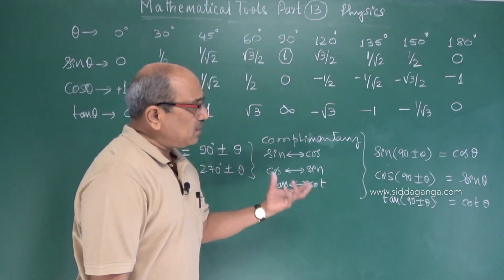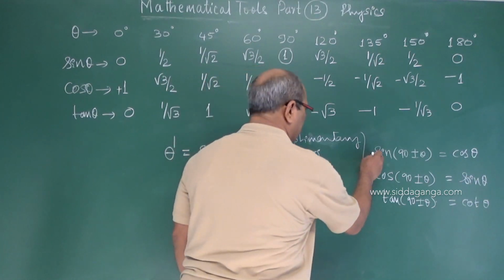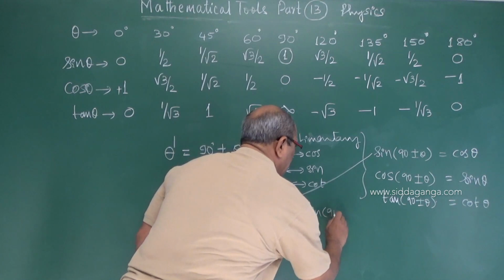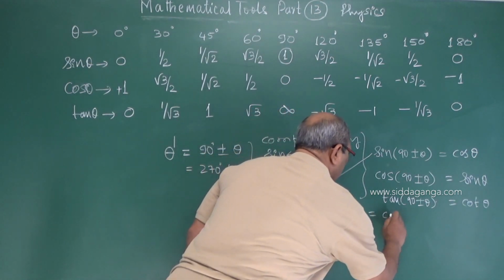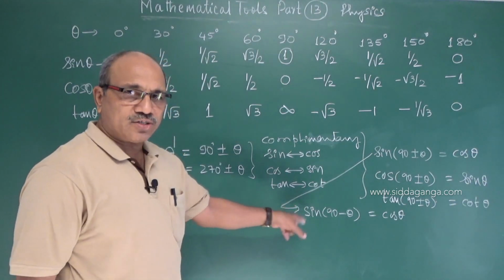Now you have to think about which quadrant it is in. For example, if I take sine 90 minus theta, I am writing cos theta, no doubt. But the problem is how it comes, so I will show it.